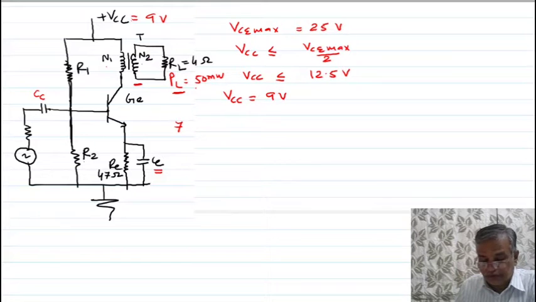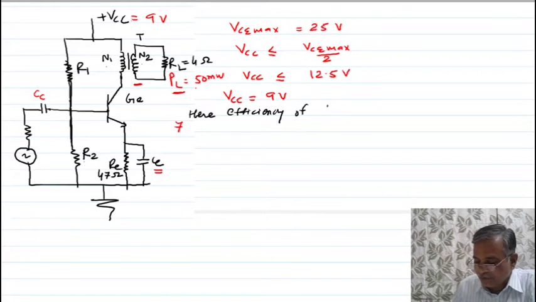Here the efficiency of transformer is 70%.